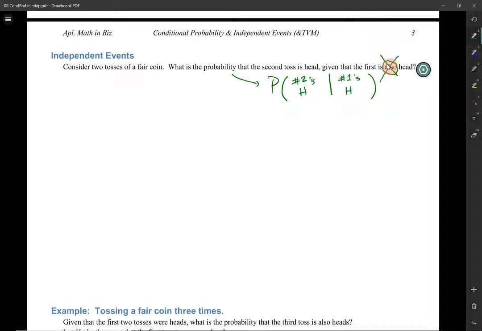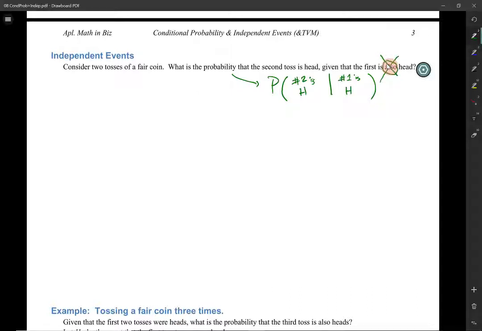You want to kind of know what you're dealing with, right? So what would help you know what you're dealing with if you could see what? If you could see the sample space, that would really give you a lot of clarity, right?